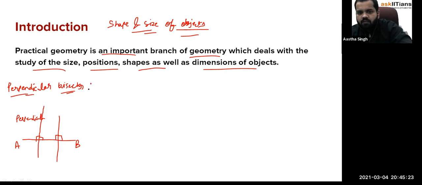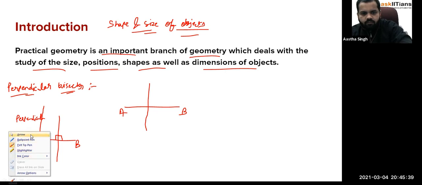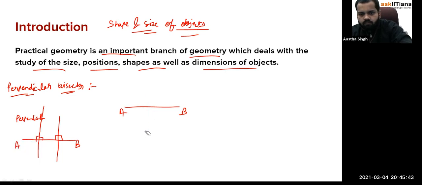What we are discussing is the perpendicular bisector, which means bisector. Let's say this is A and B. If this is your perpendicular, this will be a perpendicular and a bisector.